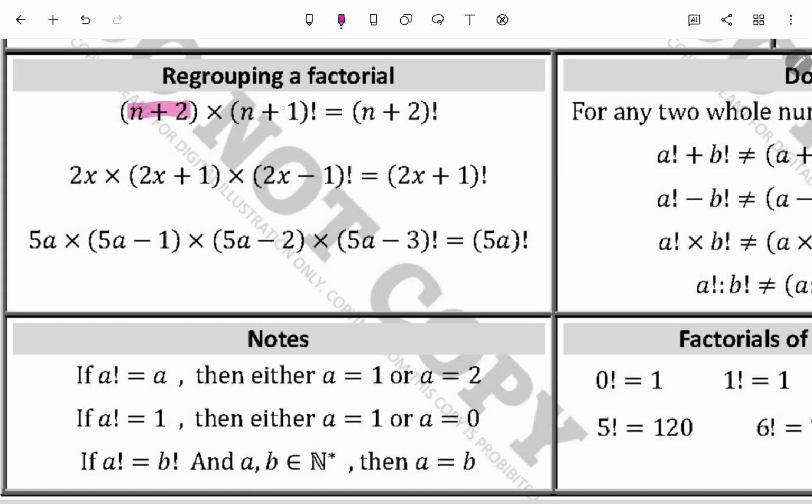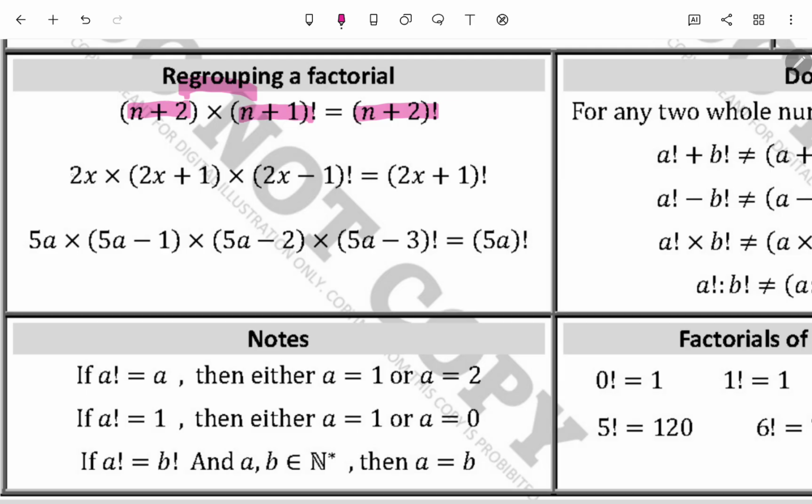That means I can tell you the story of the small fish which is going to be swallowed inside the big fish. So let this n plus 1, which is the small fish, be swallowed inside the biggest fish. So it will disappear. So n plus 2 only, which is the biggest fish, is going to appear.